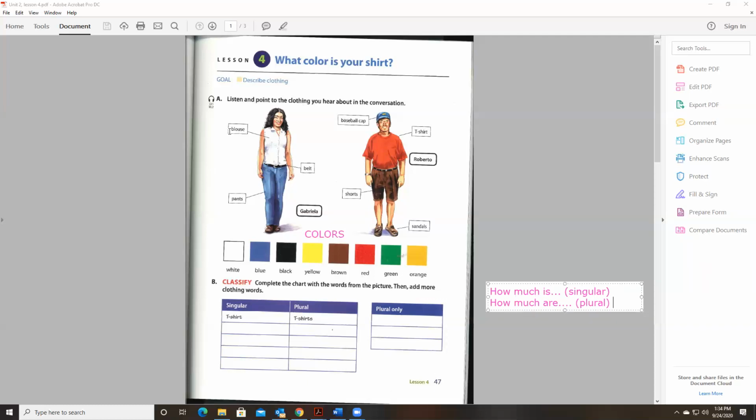Is the word blouse singular or plural? It is singular. Right? So in order for me to make it plural, all I have to do is add the S. Blouses.